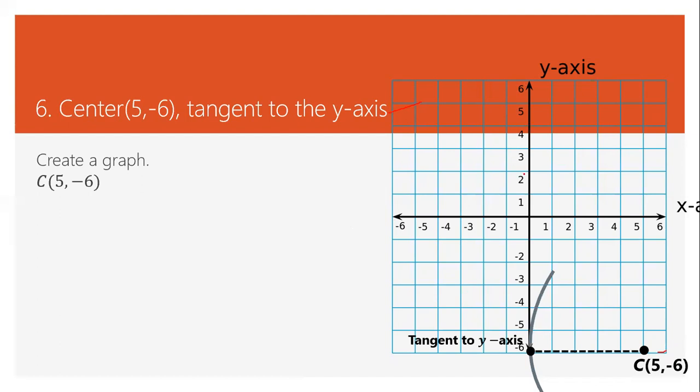So this is the y-axis. The closest part of the y-axis from the center is in this part. So this is the point of tangency of our circle and our y-axis.